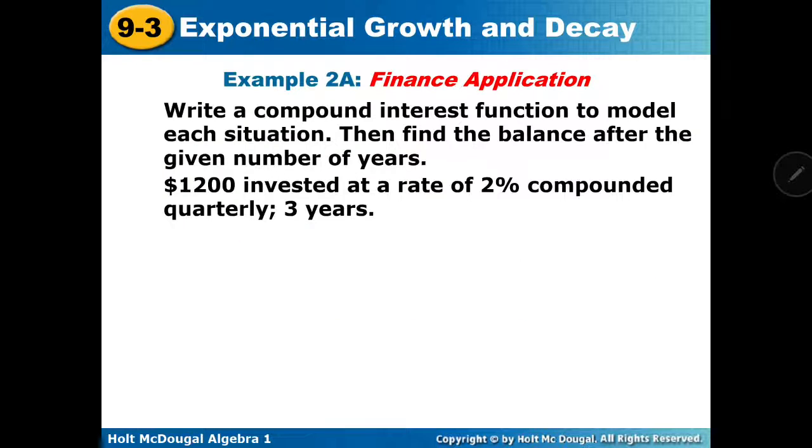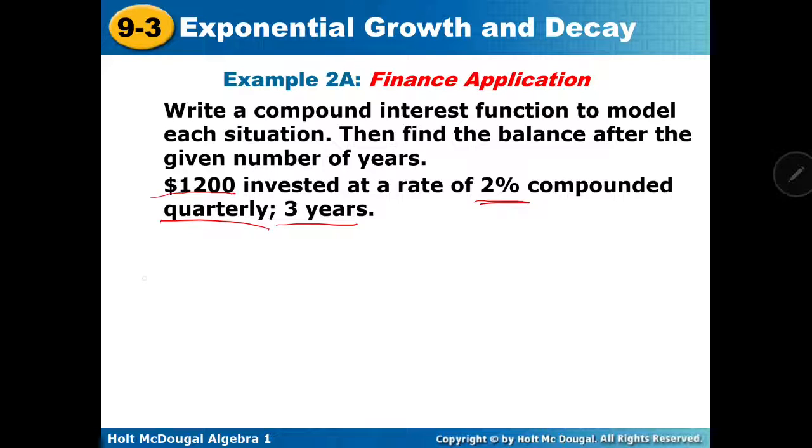Let's take an example. It says here, write a compound interest function to model each situation, then find the balance after the given number of years. $1,200 invested at a rate of 2%, compounded quarterly in 3 years. So I have 4 givens.